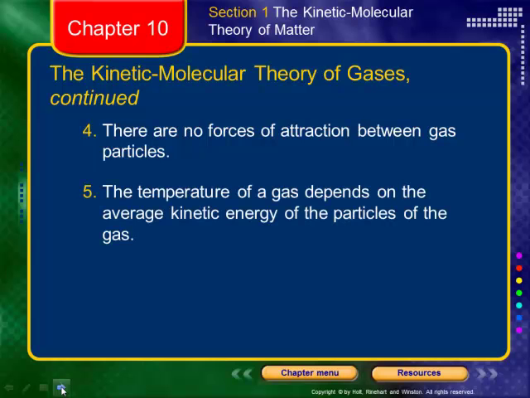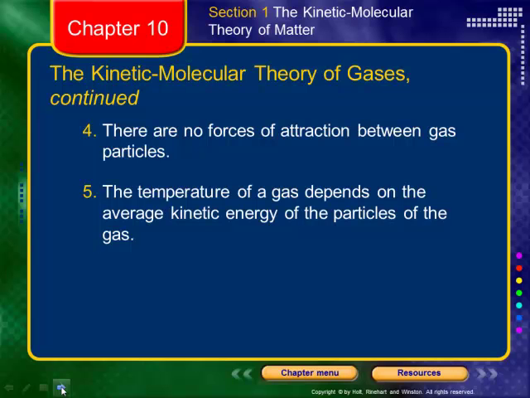Finally, the temperature of the gas depends on the average kinetic energy of the particles of the gas. Now, we actually define temperature as a measure of the average kinetic energy of the particles in a substance. So when you measure the temperature of anything, you're actually measuring the average kinetic energy. And so there's a very close relationship between kinetic energy and temperature.